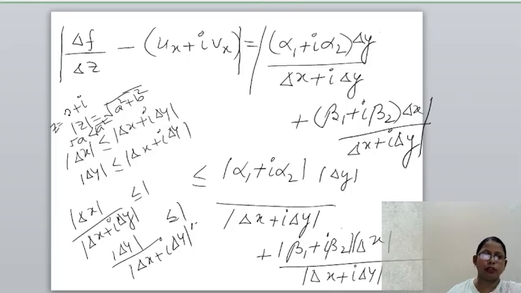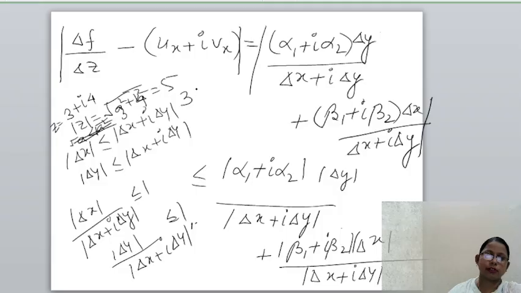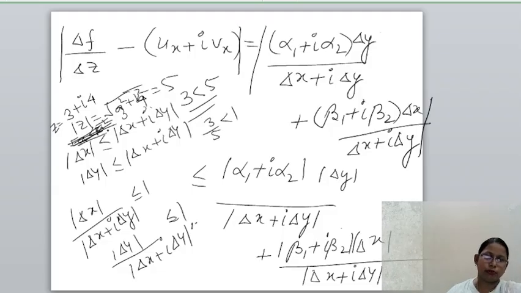If you take 3 and 4, then 3² + 4² gives 5, and 3 is less than 5, and the modulus of this one is always 1. So 3 is less than 5, that means 3/5 is less than 1. It will be easily visible when you take a particular number. So this portion is less than or equal to 1. That means this is further less than or equal to the modulus of this one and the modulus of this one. So use this.